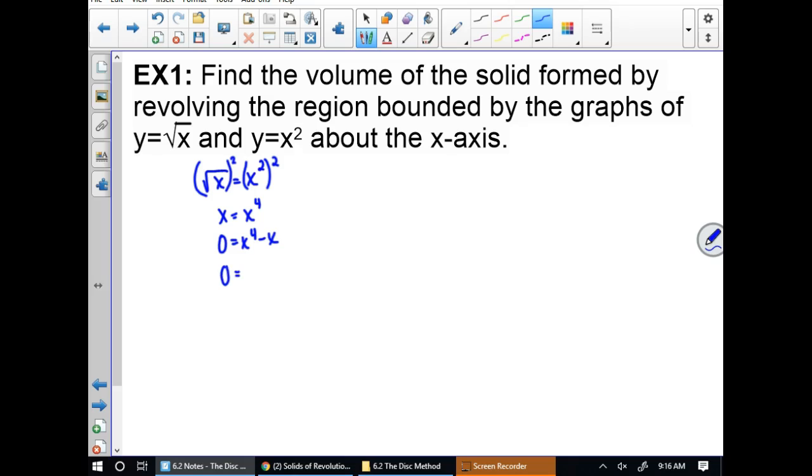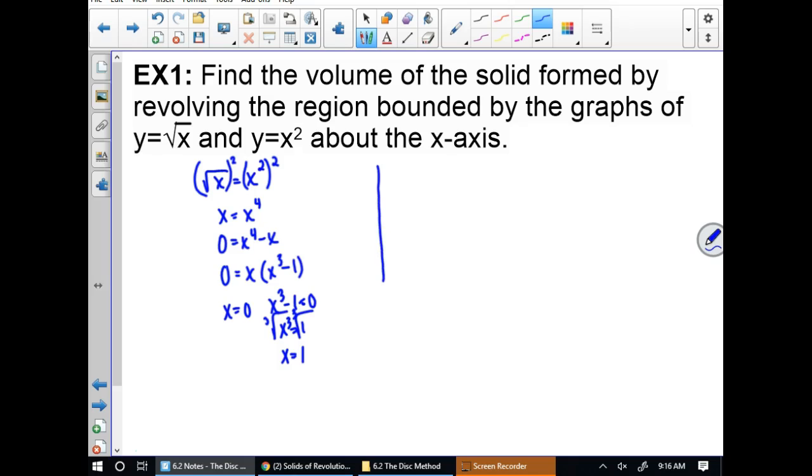So I'll have x times x to the third minus 1. So x will equal 0, and x to the third minus 1 will equal 0. So that'll be x to the third equals 1. So x will equal 1 whenever we take the cube root of both sides. So from 0 to 1 is where we're looking at.